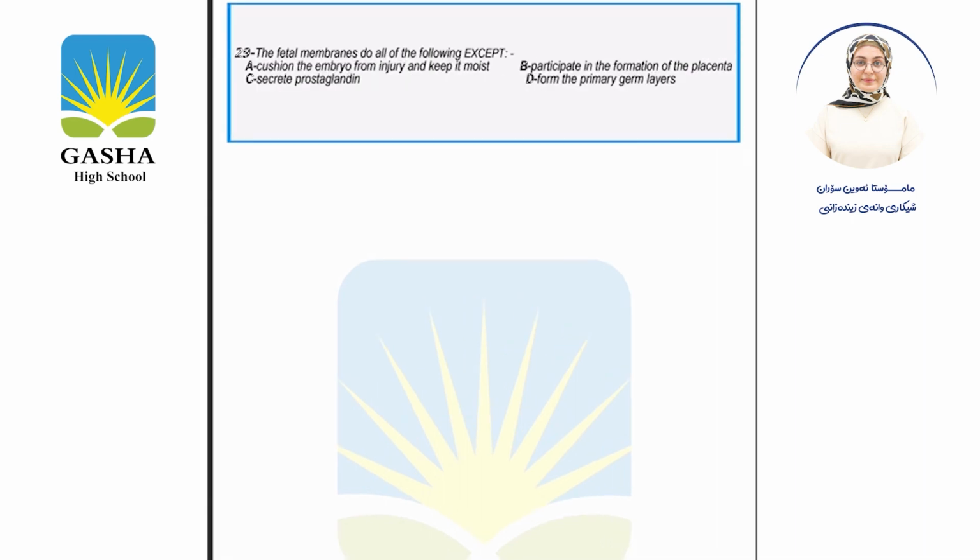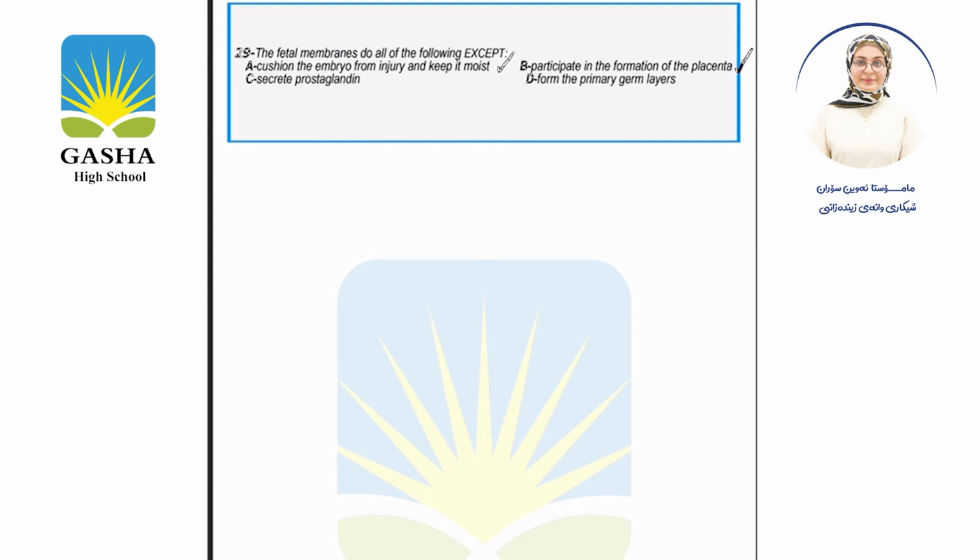Question 29. The fetal membranes do all of the following except. It means we are searching for a wrong answer. A, cushion the embryo from injury and keep it moist. Yes, this is one of the functions. B, participate in the formation of the placenta. Yes, the fetal membrane is participating.